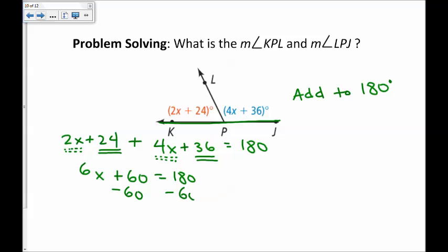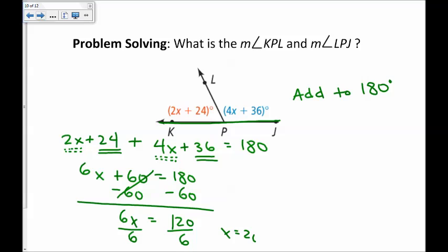That's how I get rid of it. So if I subtract 60, then 6x equals 180 minus 60, which is 120. Now, x is being multiplied by 6. So the opposite of multiply is divide. Divide by 6, divide by 6, and x equals 20.